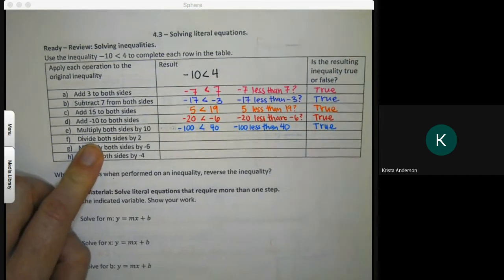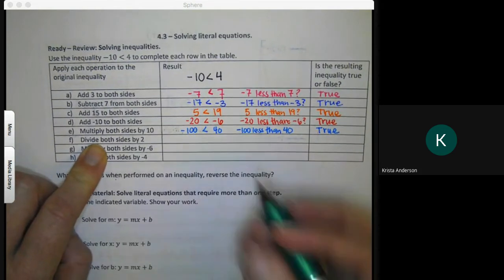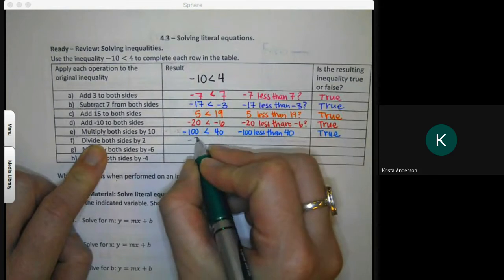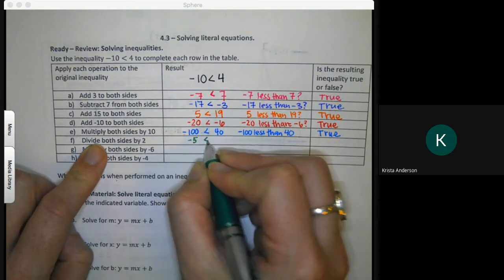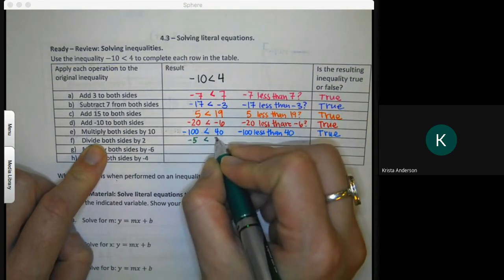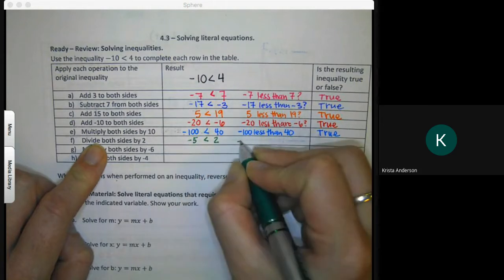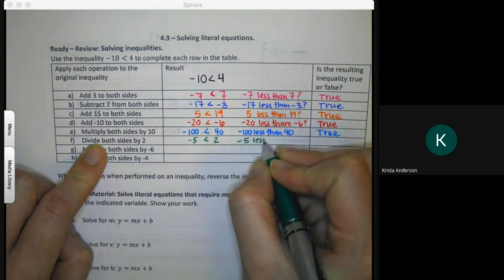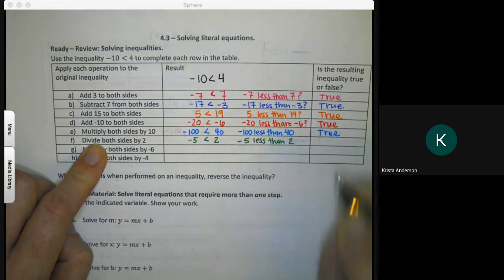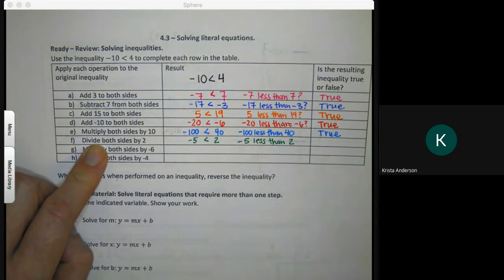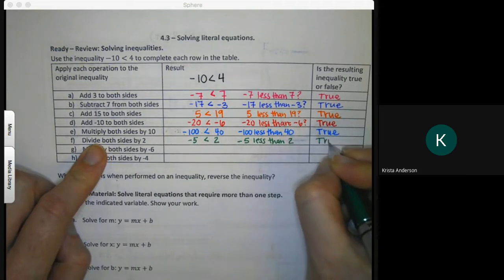Divide both sides by 2. -10 divided by 2 is -5. 4 divided by 2 is 2. Is -5 less than 2? That is true.